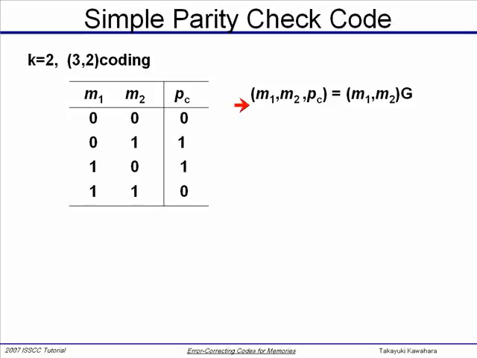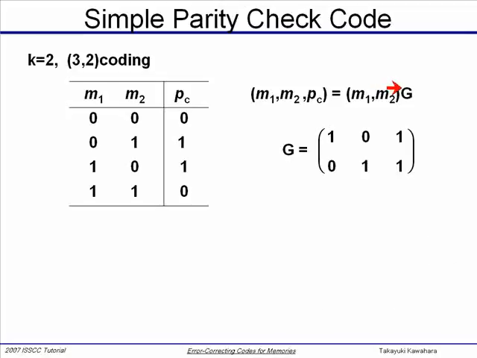Please recall this is a coded, n-length word, and here M1, M2 is the original. By G, this is the equation to create the code. So when we write this form, we call G a generation matrix.